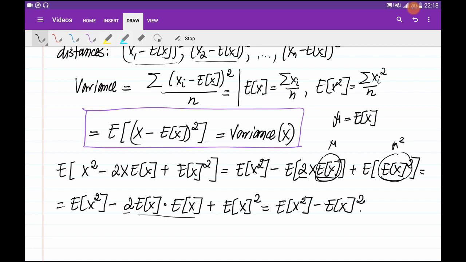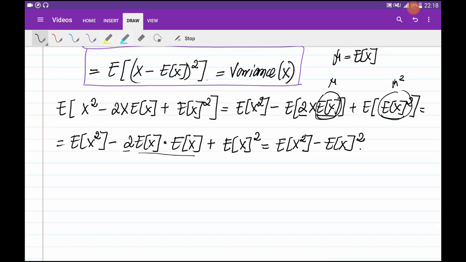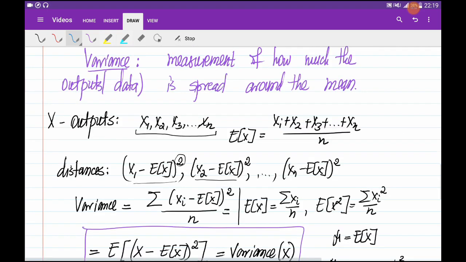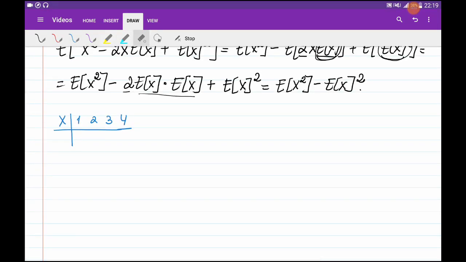In order to use this formula, let us apply it to our previous example. Previously we had the random variable with the possible values 1, 2, 3, 5, and with the probabilities 2 over 6, 2 over 6, 1 over 6, and 1 over 6.